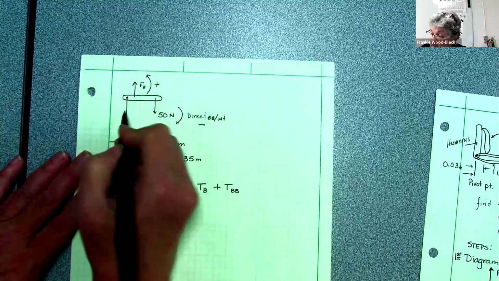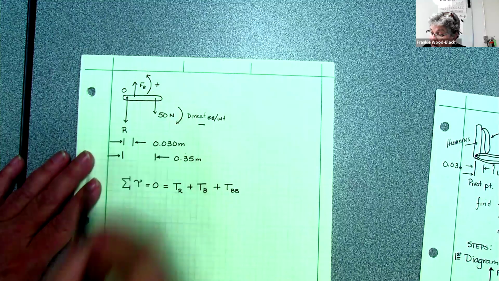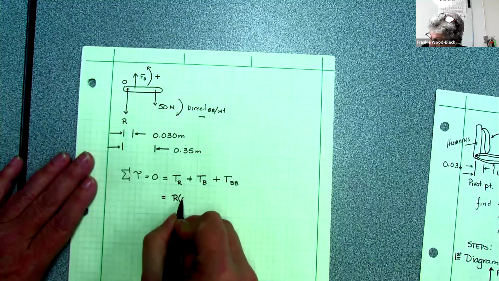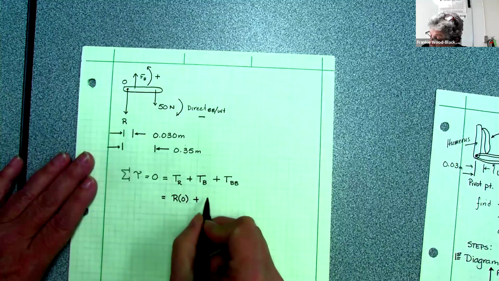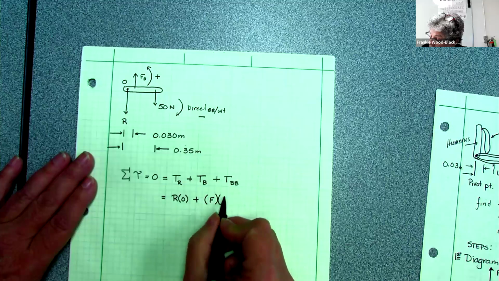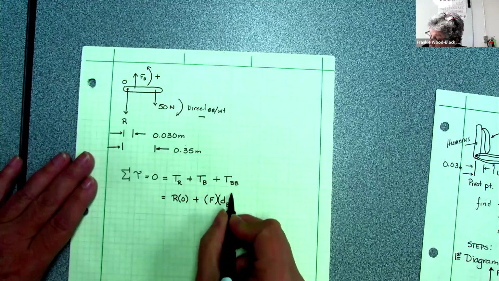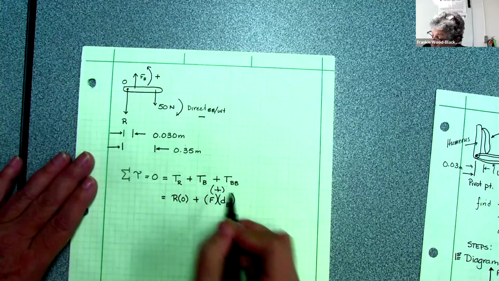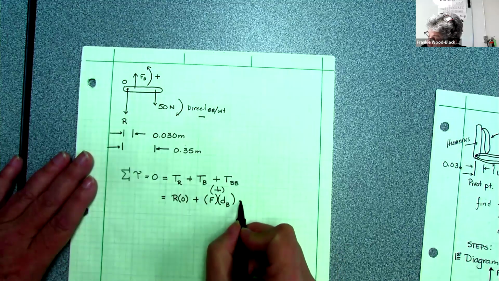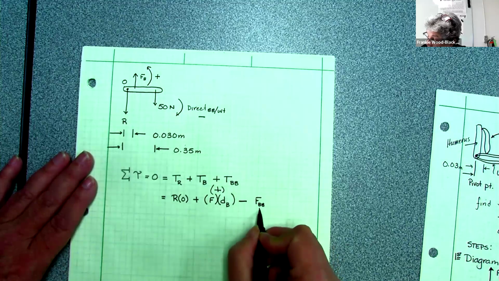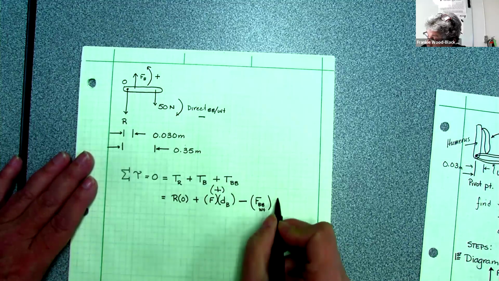Because we've set up the system with me at my origin, the torque from R is R times my distance, which is 0. This is F times my distance, distance B, and that's a positive value because of the direction. This one is a negative value, the force related to my bowling ball or my weight times its distance.